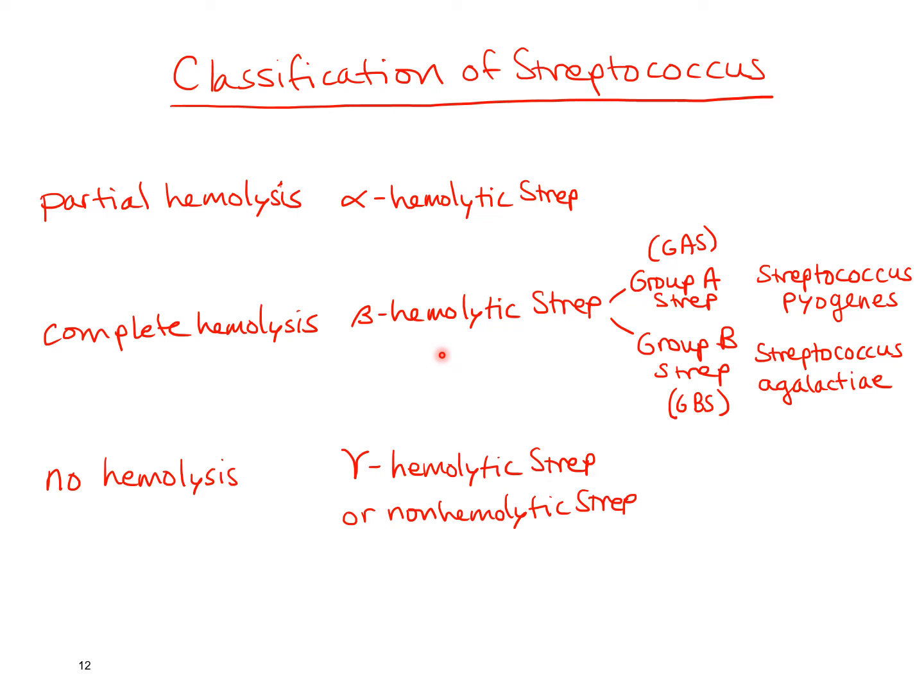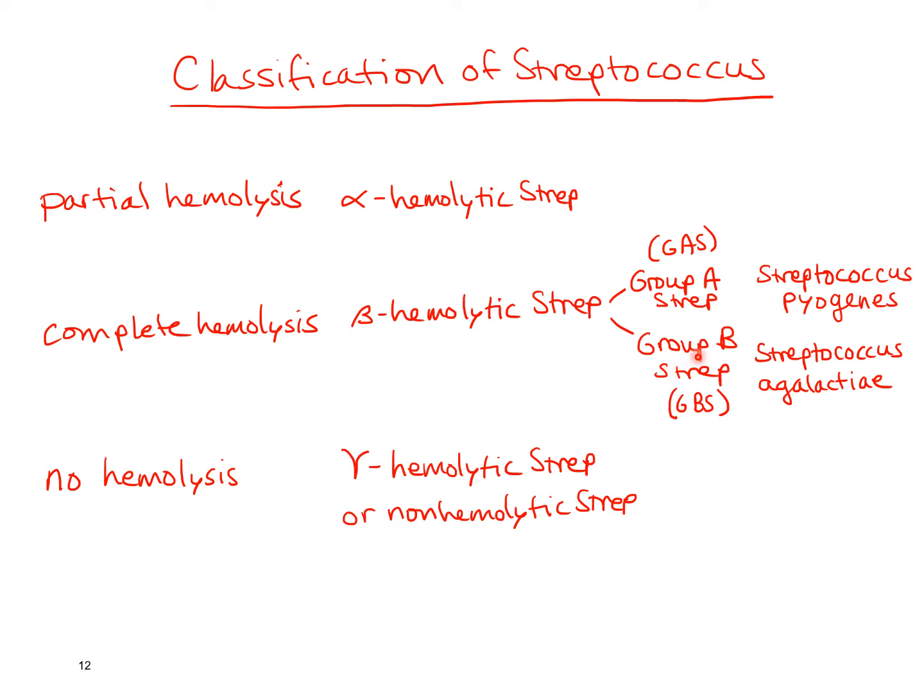And the beta hemolytic strep we can further categorize into these Lancefield groups, either group A or group B strep. So the group A strep, which sometimes they just abbreviate GAS, the example there is Streptococcus pyogenes, which we're going to talk about in a minute.